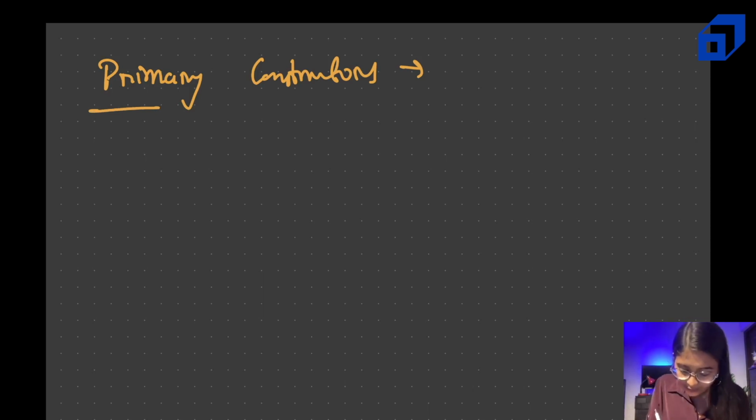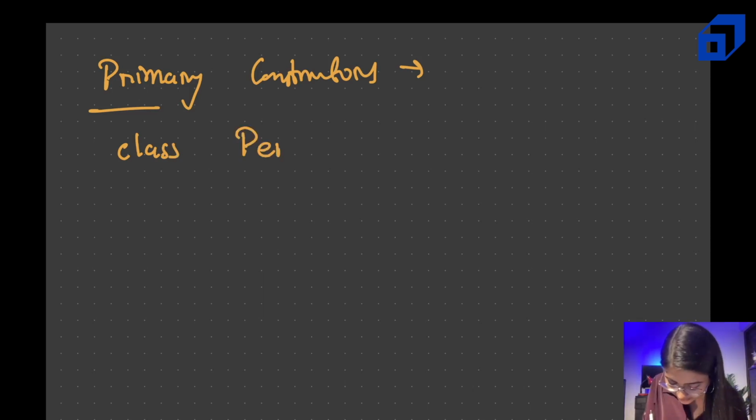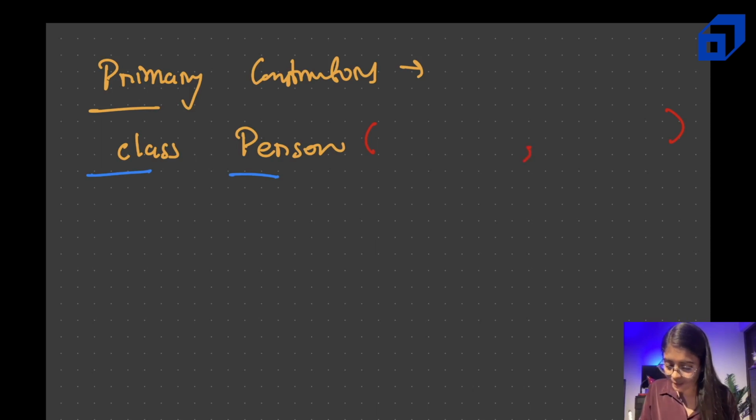Let's say you are creating a class Person, or Developer, anything for that matter. You know that the class keyword is used for creating the class, right? And this is the name of the class. So the primary constructor will be part of the class header itself. In the parenthesis, let's say you are giving two parameters: parameter 1 will come here, parameter 2 right here.